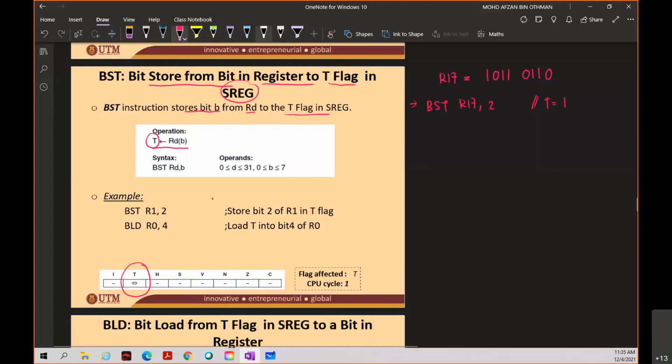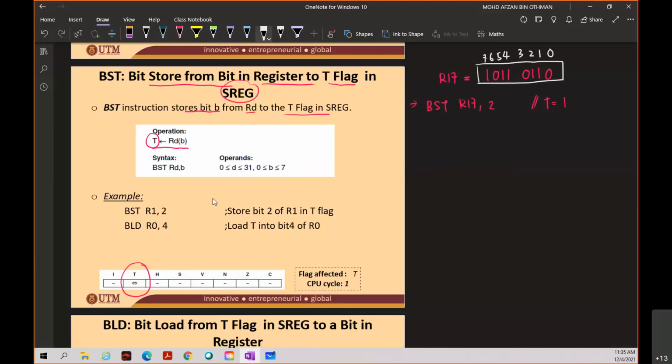Is it true that the T flag becomes 1? You need to check. So this is your R17, and you put the bit numbers on each of these digits: bit 0, 1, 2, 3, 4, 5, 6, 7.